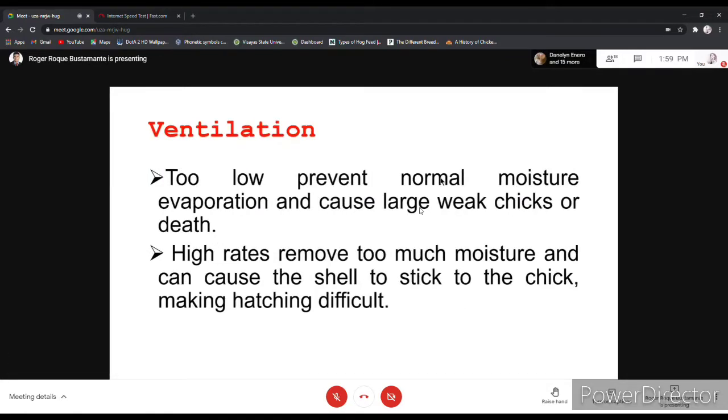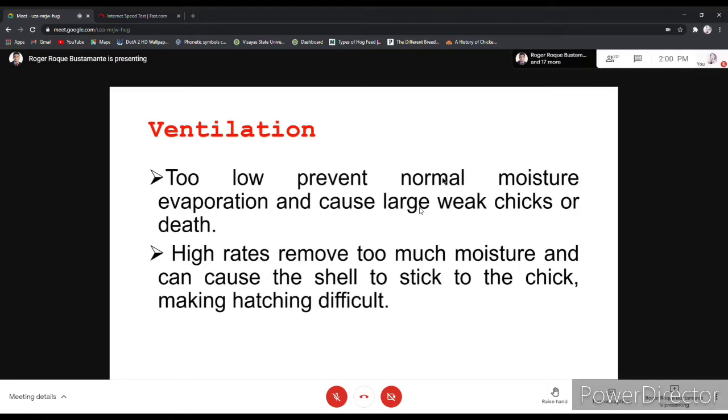So too low ventilation prevents normal moisture evaporation and can cause large weak chicks or even death of the embryo. High rates remove too much moisture. If you have too much ventilation, it removes too much moisture and can cause the shell to stick to the chick, making hatching difficult. Sometimes you see chicks stuck to their shell, which did not get out of the shell properly.